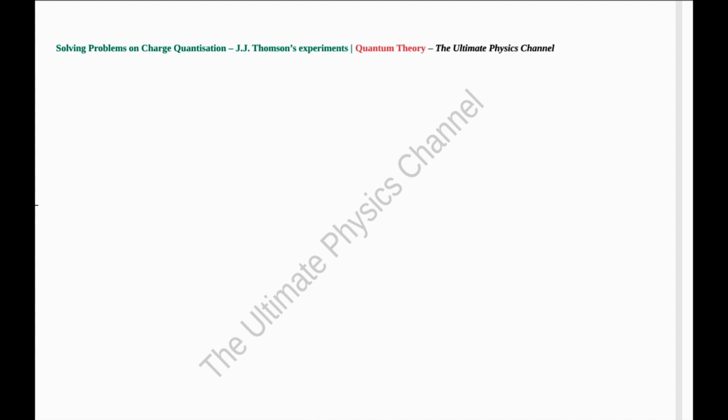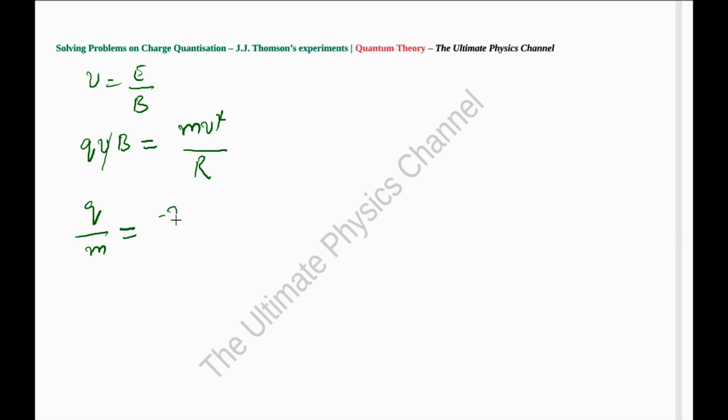We have a few ready expressions, which is first is the velocity, which is a ratio of the electric and magnetic fields. We also have an expression for the magnetic force being equal to the centripetal force on the charges. And using this, we can write the Q over M. If Q is the charge of the particular particle, that is equal to, because there are 2 V's here, we can cancel 1 V. Basically, that will be V over RB, because this B comes to the denominator here, right?